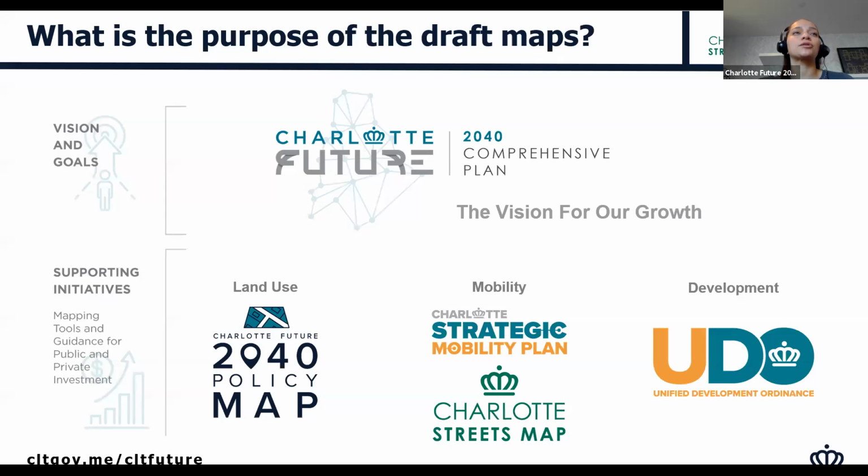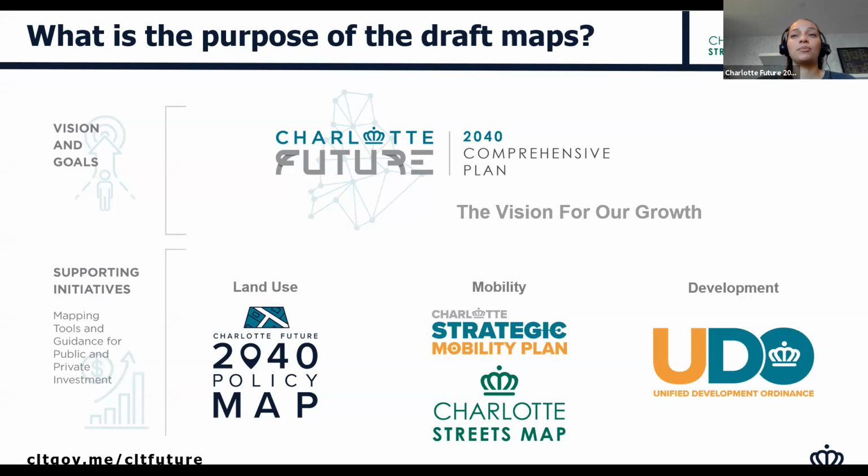Getting right into the informational portion, what is the purpose of the two draft maps? The purpose of the 2040 policy map, along with the streets map and the Unified Development Ordinance, is to implement the vision of the Charlotte Future 2040 Comprehensive Plan. The 2040 Comprehensive Plan is the vision for our growth through 2040.